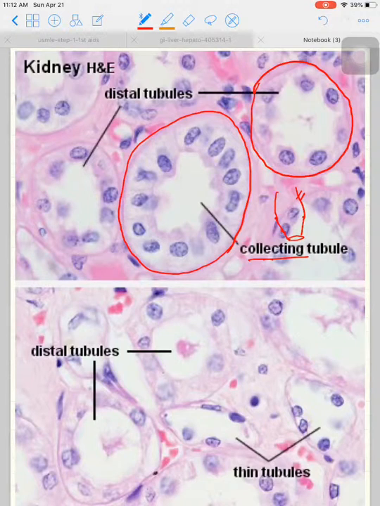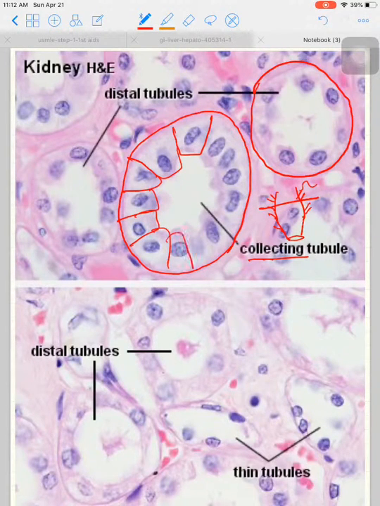For example, 8 to 10 or more nephrons end their distal convoluted tubules into the collecting duct. If you cut the cross section, we can see the tubular system like this, the collecting duct. The cuboidal cells, or principal cells, of the collecting duct have a big nucleus inside.